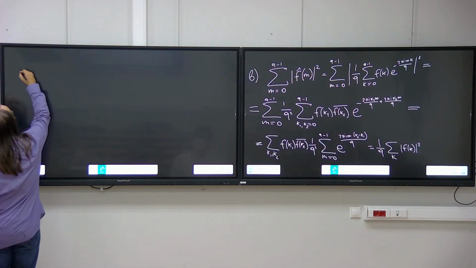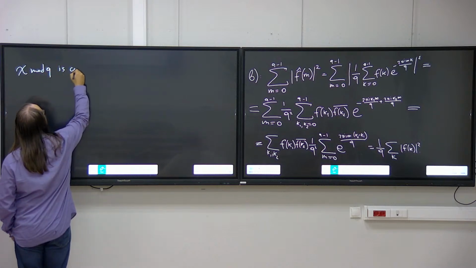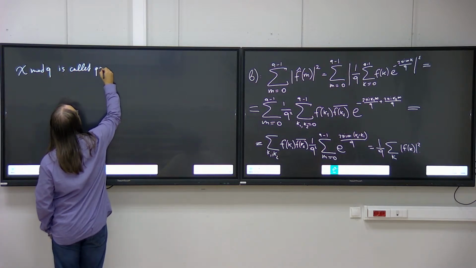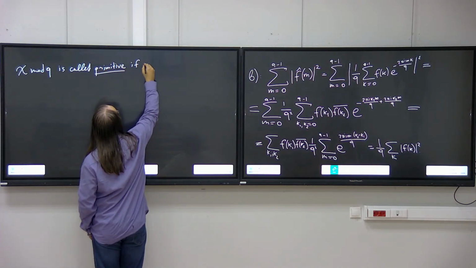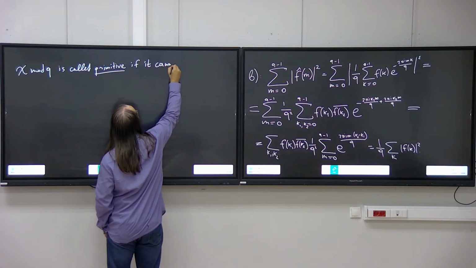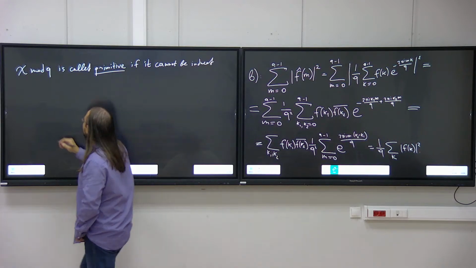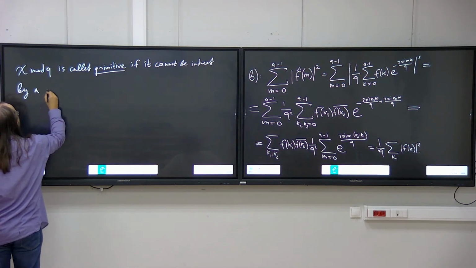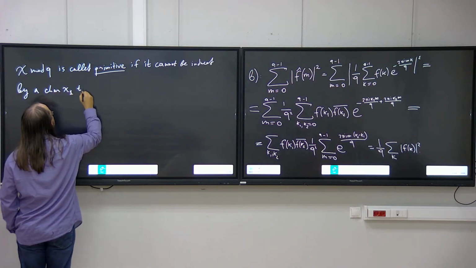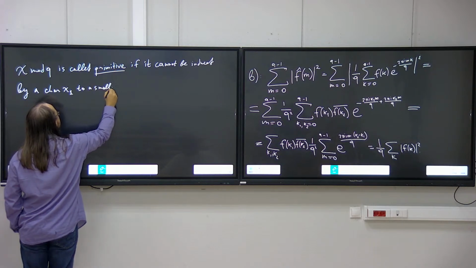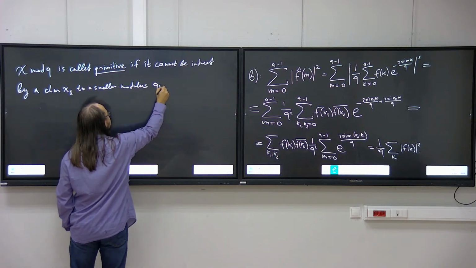Let me remind you that chi modulo q is called primitive if it cannot be induced by a character chi1 to a smaller modulus q1.